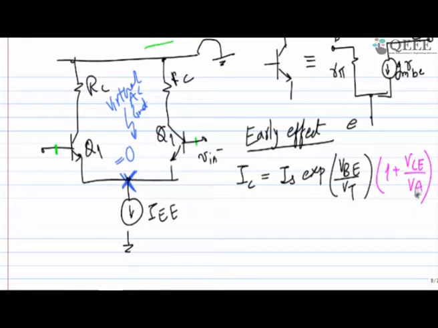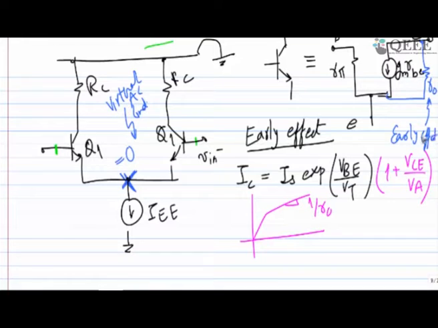And we understand that this characteristic has a slope of 1 by R0, an effective resistance seen at the VCE node with respect to current. There has to be one more resistance which is called RO. This RO is because of the early effect. So this can be found by del IC by del VC.